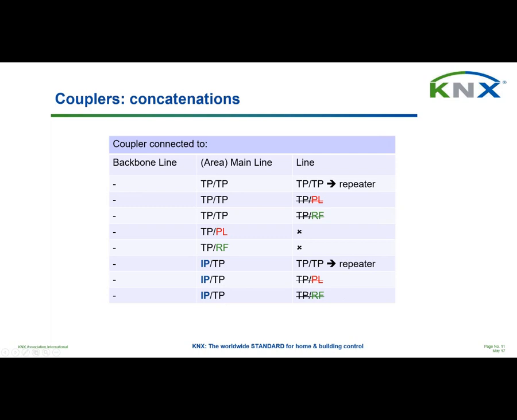And also here you would expect that in the line of such an area, you can still add TP power line or TP radio frequency. Well, again, electrically it would be perfectly possible, but ETS will not allow it. You cannot commission such devices then.